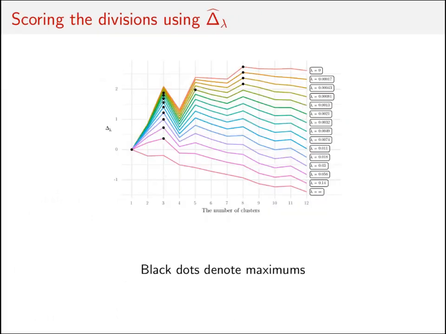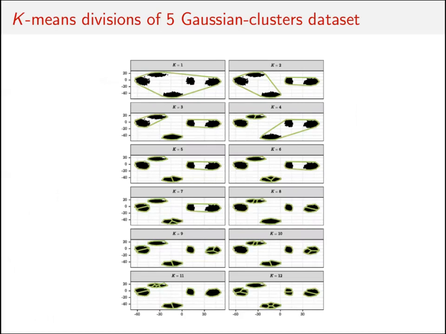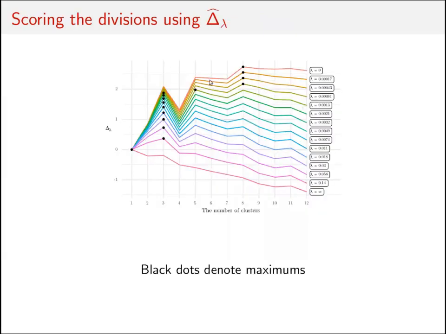This is an example of a data set I applied k-means to. Those are different outputs of k-means depending on k. For every such partition, I computed this delta score, for a variety of lambda.